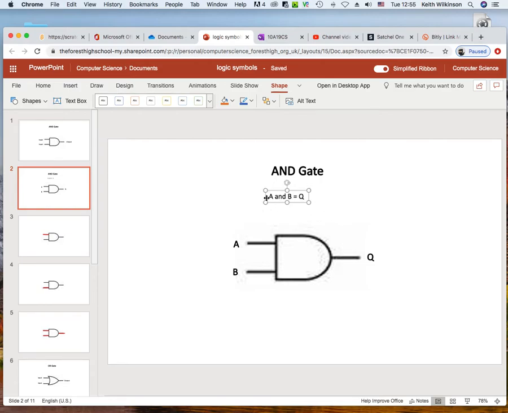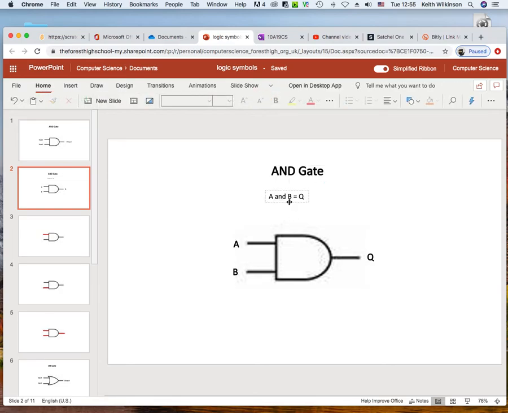Normally you'd write Q equals A AND B. The important point is I've used the word AND to separate the A and B in logic. There are a few ways of writing this down, and you may see them on the exam paper written in different ways. So to begin with, that's my first one, A AND B.